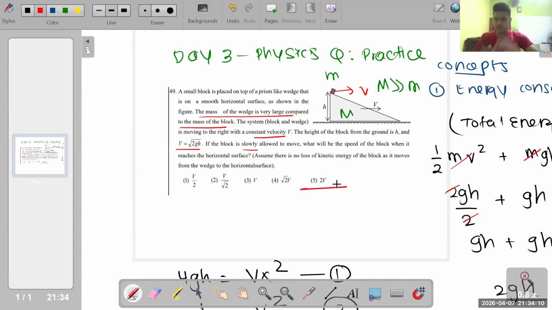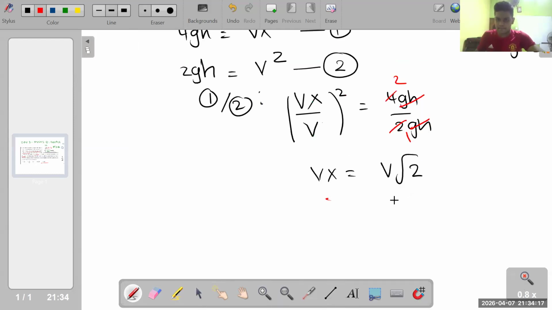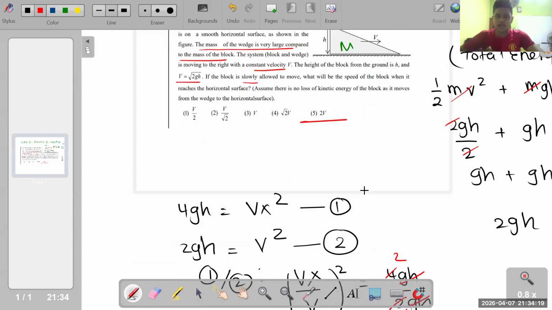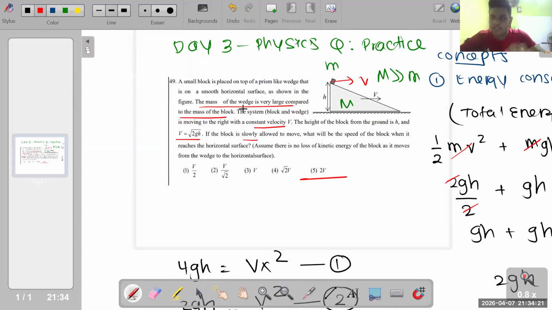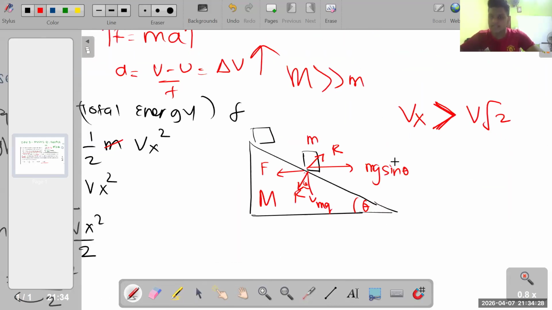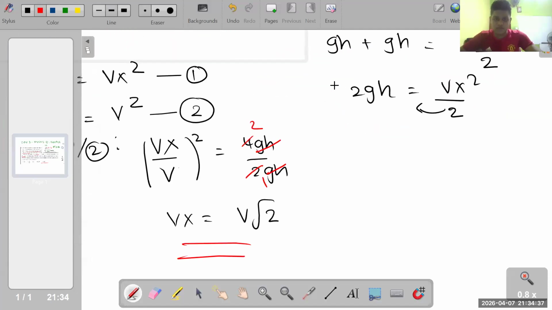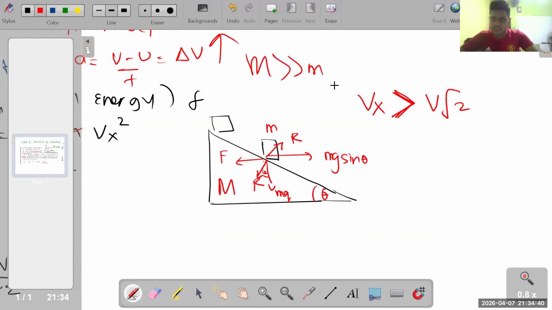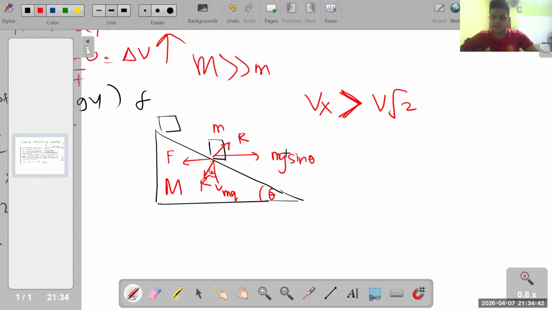Can you understand? I'm sure that almost 90% of the students might have got this answer until this point. But we should understand that these are the points that make students lose the marks. If we consider this, there is a force that is created, and due to that force there is an acceleration, an increase in velocity, which means compared to the theoretical velocity, the real velocity would be slightly greater.